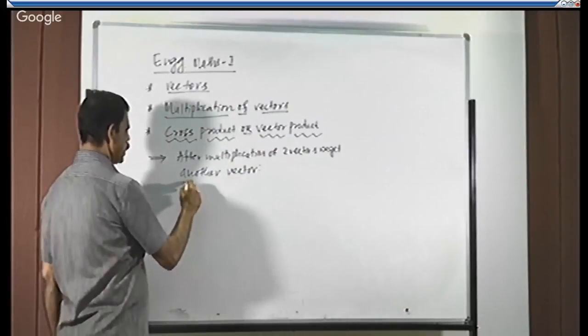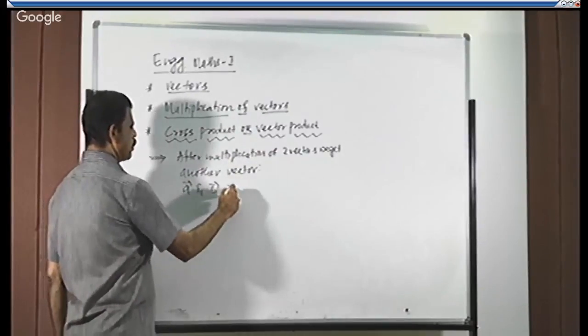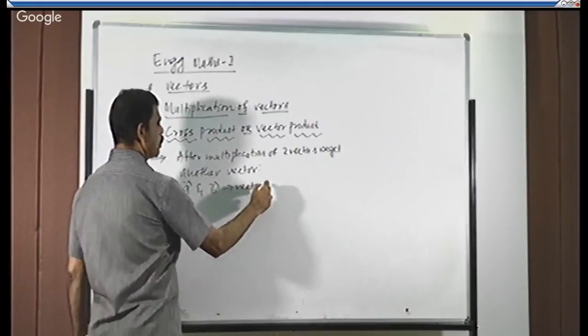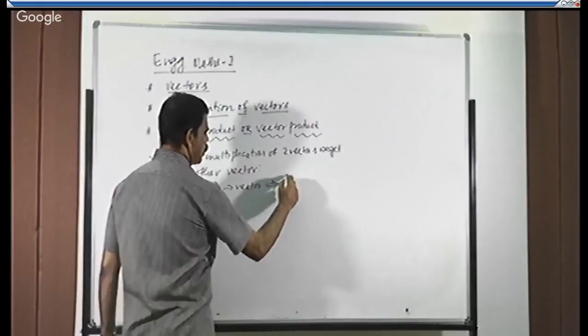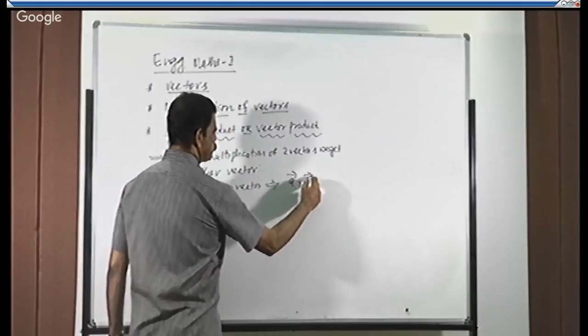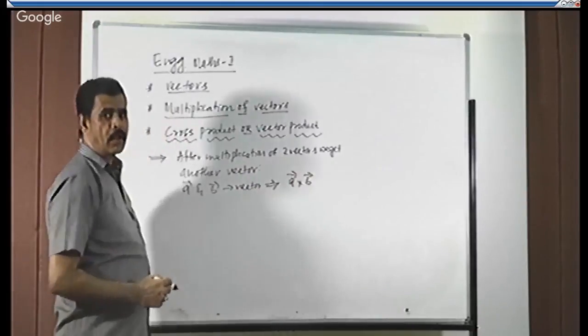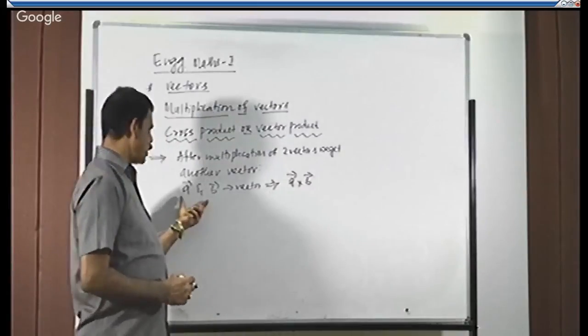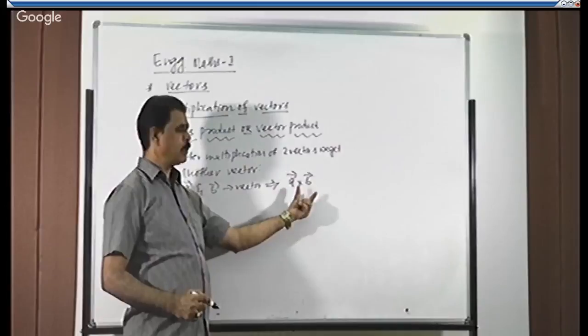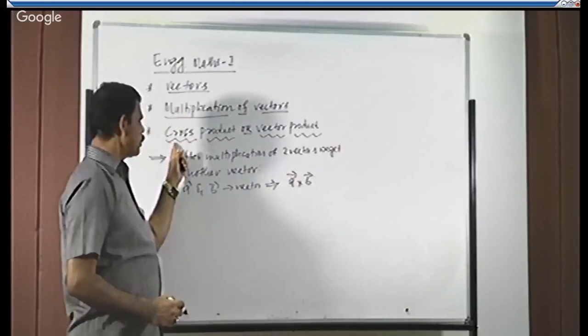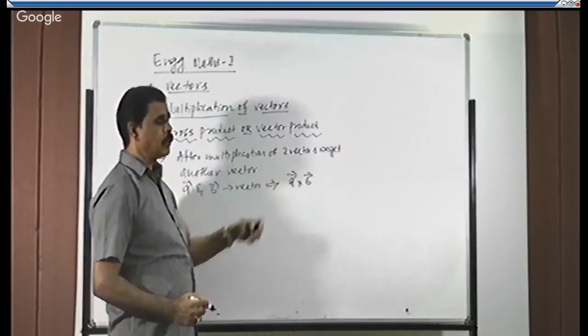Suppose A and B are vectors. Their vector product is denoted by vector A cross vector B. Hence it is said to be the cross product.